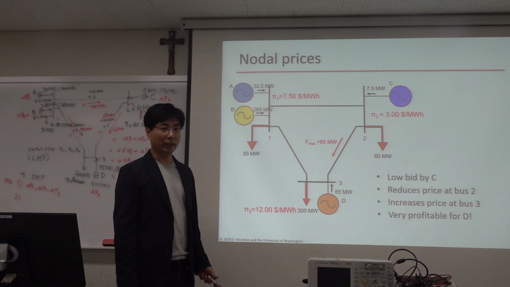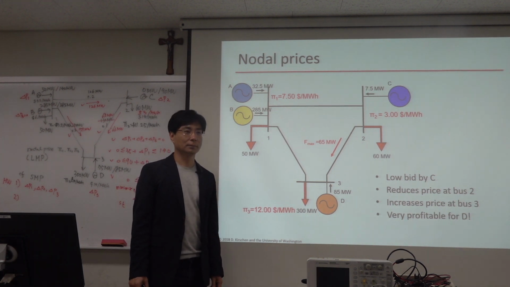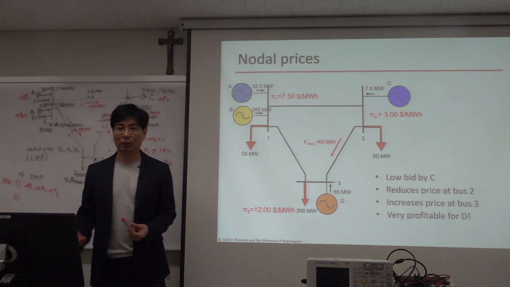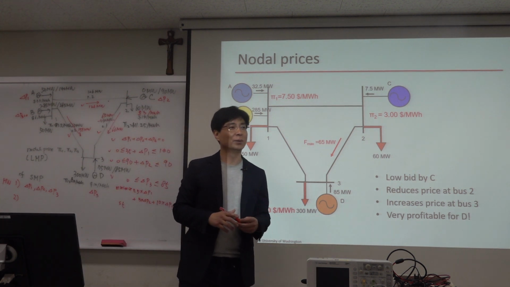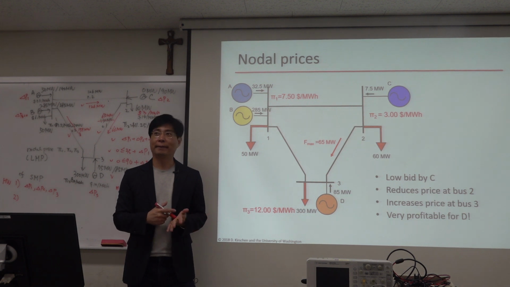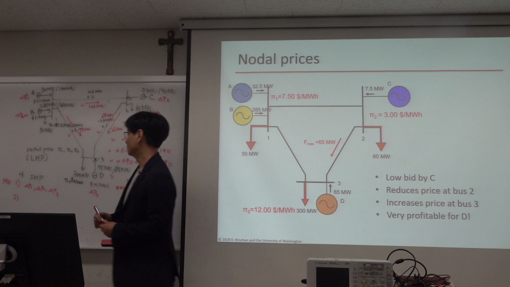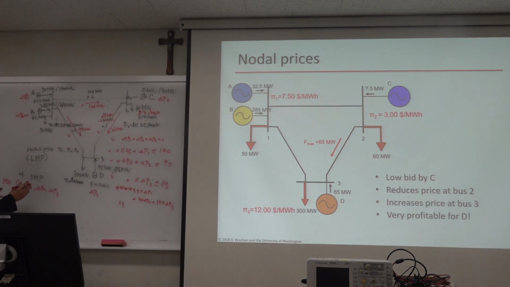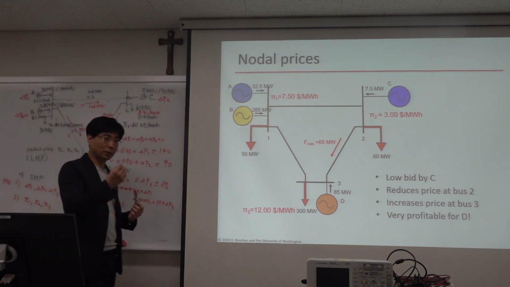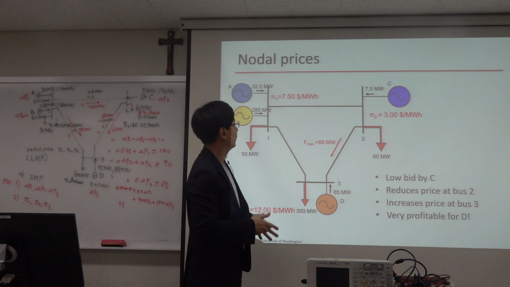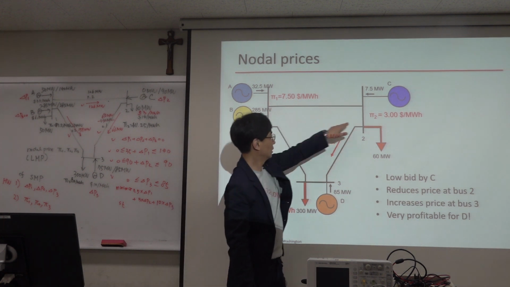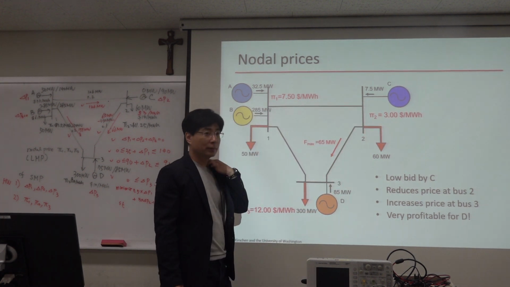What is your homework then? Ji-hoon, you are today's student. What is your next homework? Yeah, delta pi, or just a new pi, pi 1, pi 2, pi 3. You need to compute nodal price again. Okay? And then you will get this number, that number, and that number.